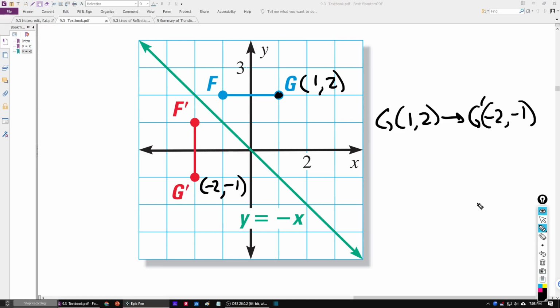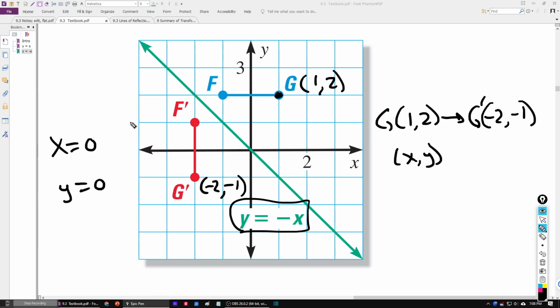Okay, so here's the question. What is my rule of transformation? When I have a diagonal like this at y equals negative x, I can create a rule of transformation. I can do that for x equals 0 or for y equals 0.